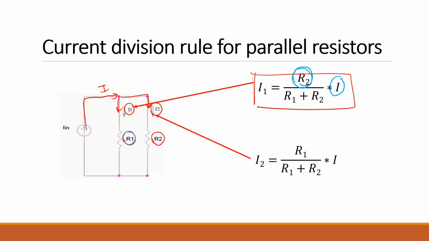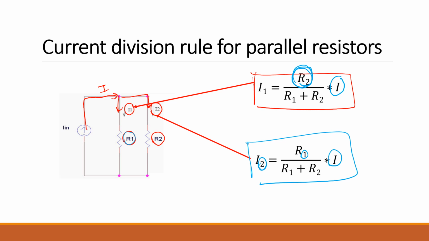So when the resistance is less, more current is going. When the resistance is high, less current is going. That's why we have R2 here. So I1 is equal to the opposite resistance divided by the total resistance times the total current. I2 is equal to the opposite resistance, R1, divided by R1 plus R2 times the total current.